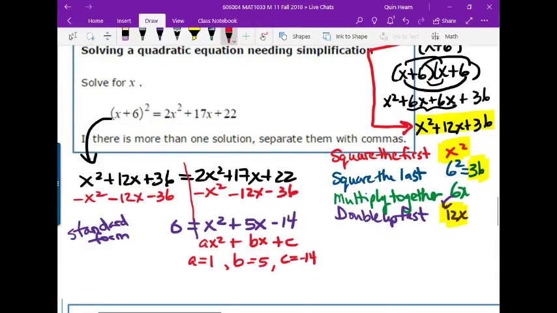All right, now the reason that's important is because we're going to factor, and this is a nice form for us to be able to factor in. We are going to use the AC method, or whichever method you prefer. A times c in this case would be negative 14, and b is 5. So we're looking for factors of negative 14 that sum up to 5.